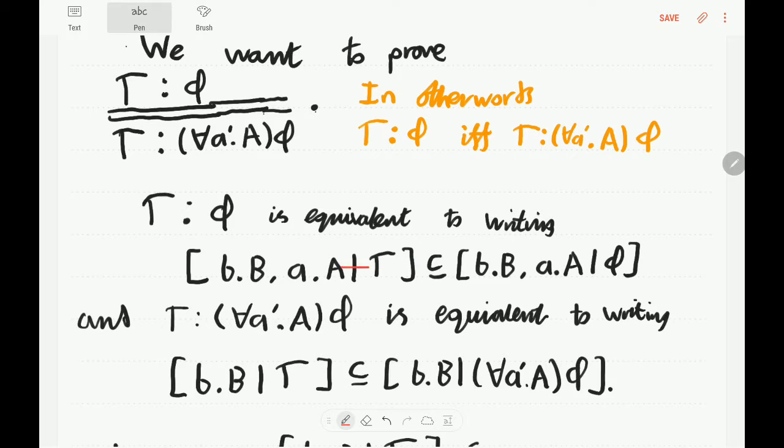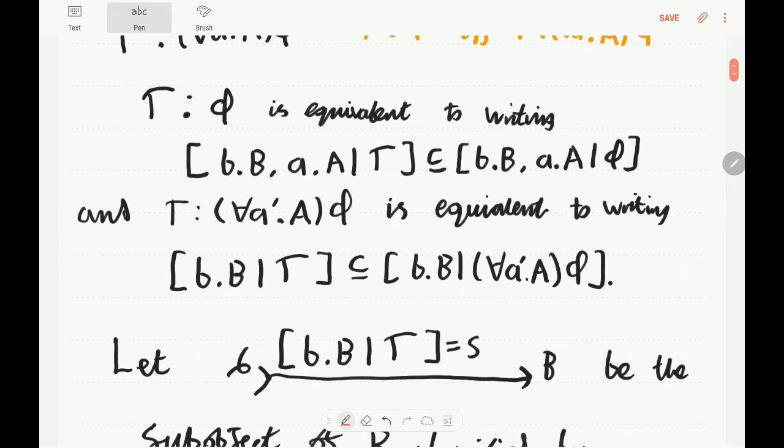It's going to be a sub-object of b times a, but we're basically just going to multiply all the stuff in b, which is in this sub-object, by a in some sense.